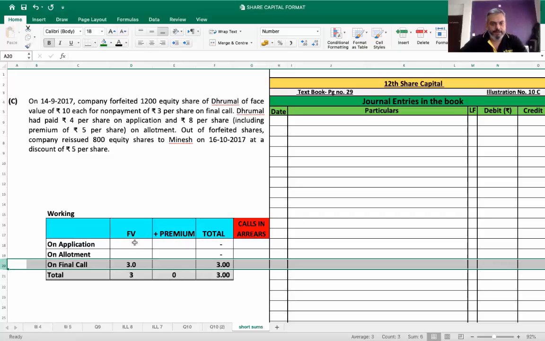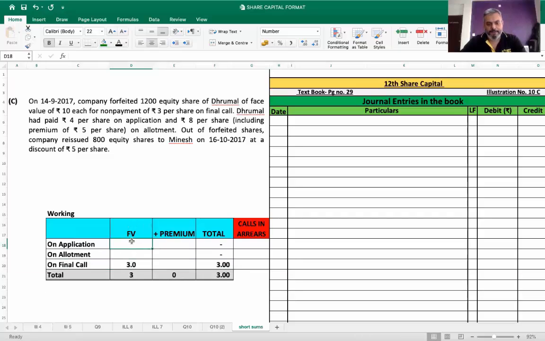Okay, Drumal had paid 4 per share on application and 8 per share, including premium of rupees 5. So 3 is the face value and premium is of rupees 5. So I've written plus 5. Now what he did not pay, forfeited 1200 shares, he did not pay the final call.